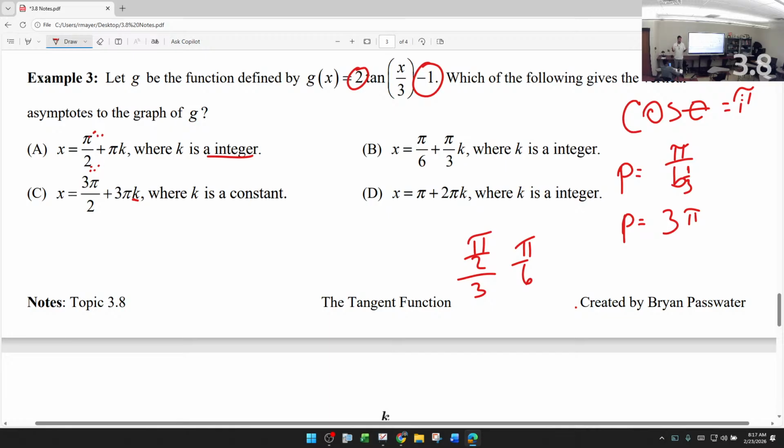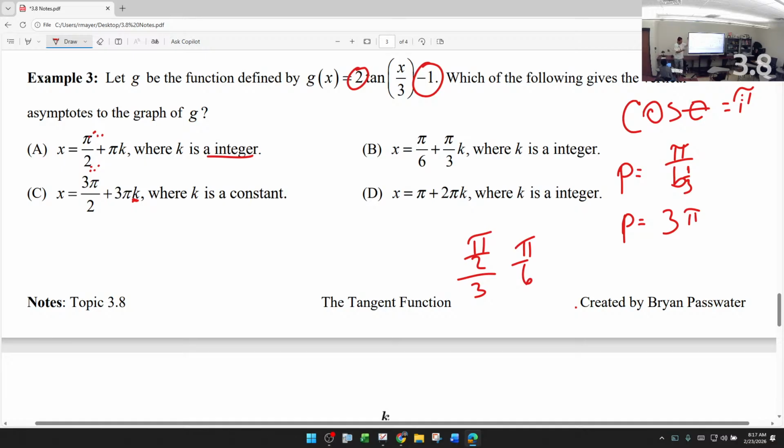It's like trying to find the x-intercepts for cosine. I can't list them all. It's like trying to find the x-intercepts for sine. I can't list them all, because it repeats itself to infinity and negative infinity. So they will do that little k there, and k is any integer. Okay?